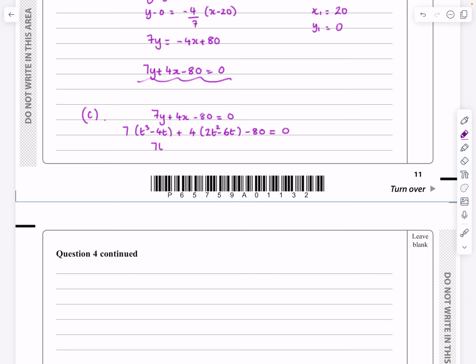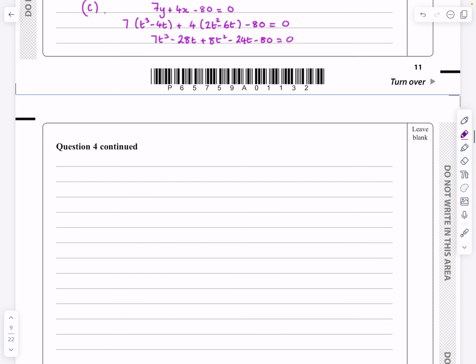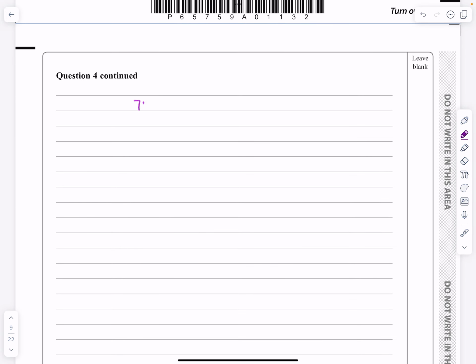And when I say just solve this, actually it's going to be a cubic, so 7t cubed minus 280 plus 8t squared minus 24t minus 80 equals 0. Well, that all tidies up then to 7t cubed plus 8t squared minus 52t minus 80 equals 0. And I've got to try and solve that.